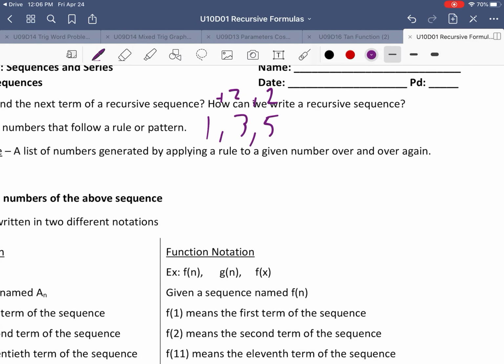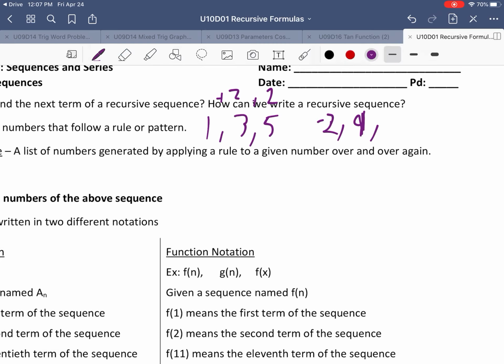We could also have different patterns, like I could write 2, 9, then something like, so this could be plus 7, but it doesn't have to be plus 7.